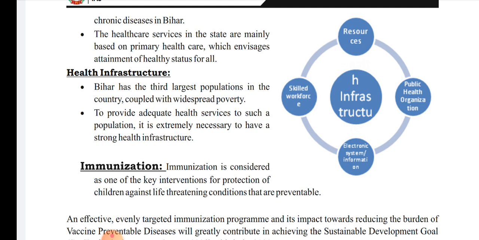Why? Because that creates transparency as well as accountability in public health organization. These four are key to the infrastructural improvement of the health sector. Bihar has the third largest population in the country, coupled with widespread poverty. To provide adequate health services to such a population, it is extremely necessary to have a strong healthcare infrastructure.